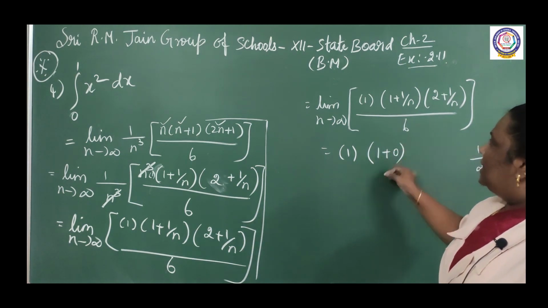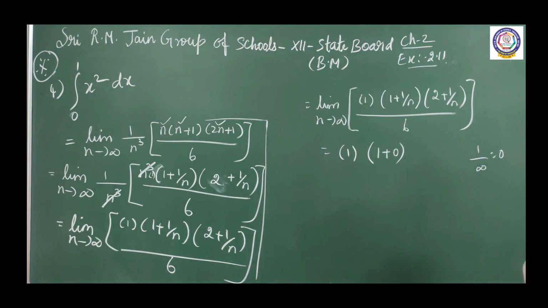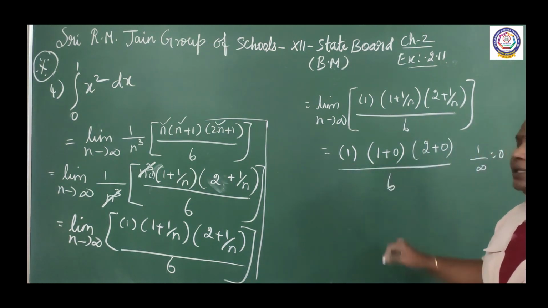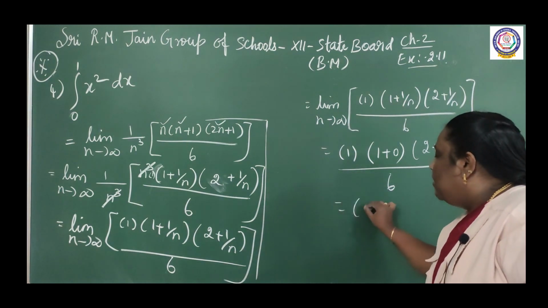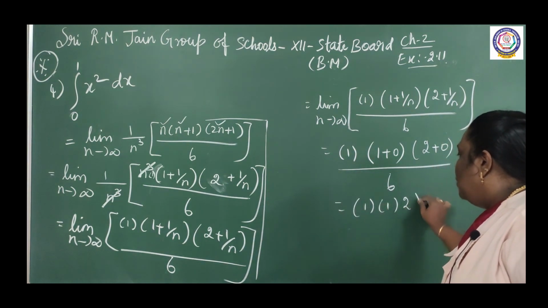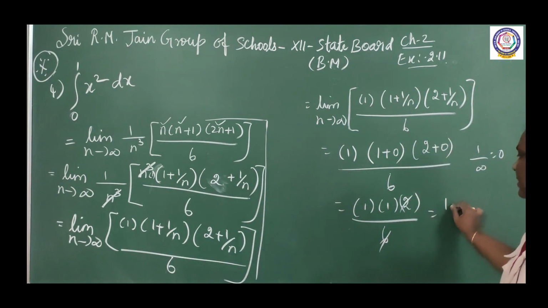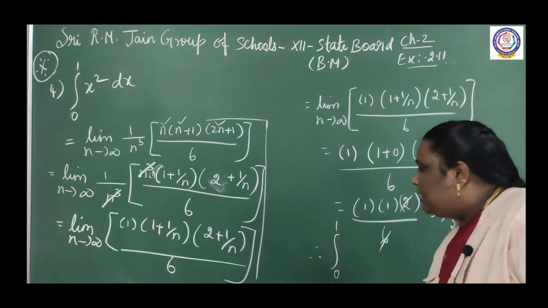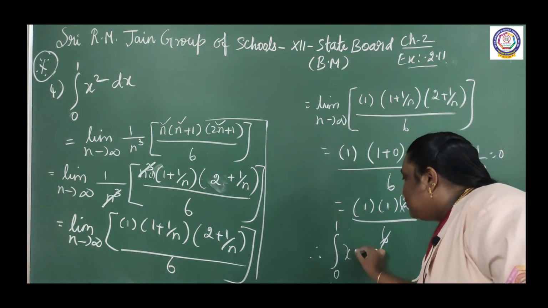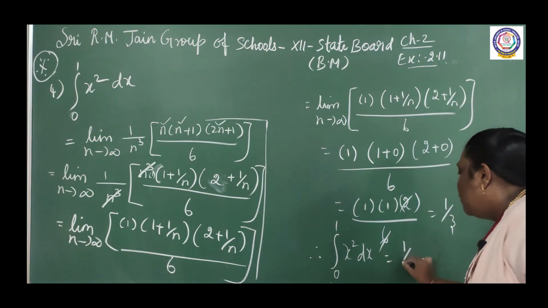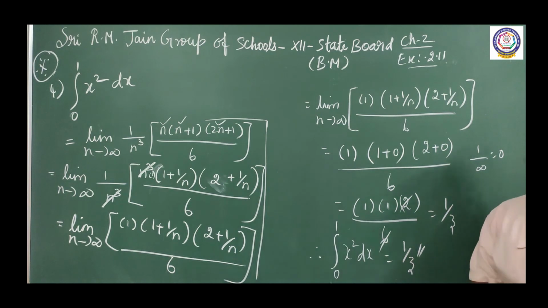So 1 plus 0, because 1 by infinity is 0, into 2 plus 0 by 6. So what is the value for this? 1 into 2 by 6. When we cancel, what is the answer? The answer is 1 by 3. So therefore integral 0 to 1 x square dx equals 1 by 3.